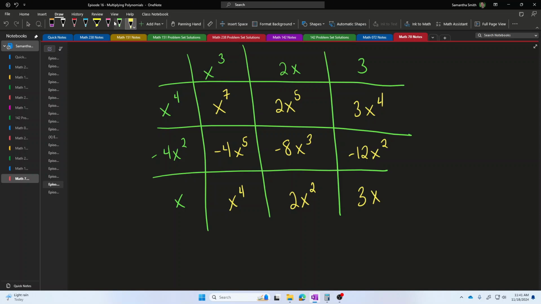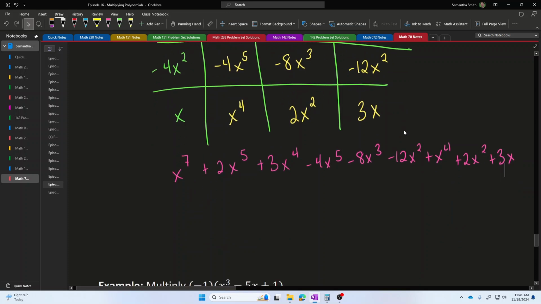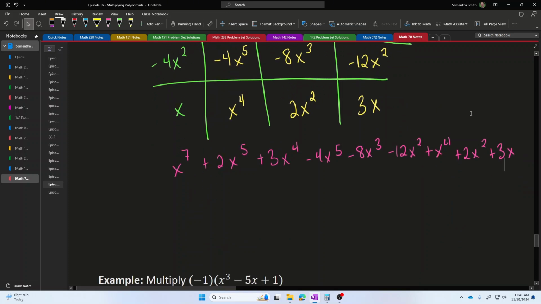So now all I have to do is add together all 9 of these terms, and see if there are any like terms in this list that can be combined.